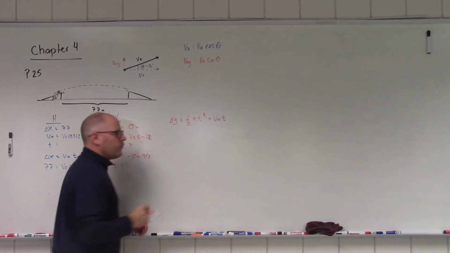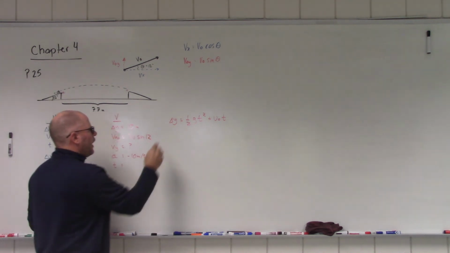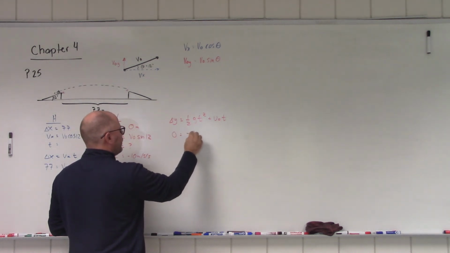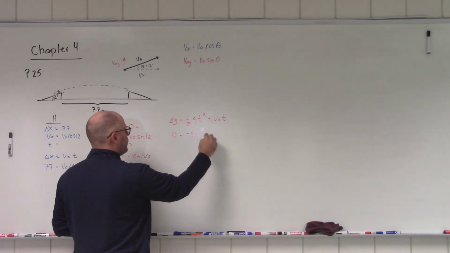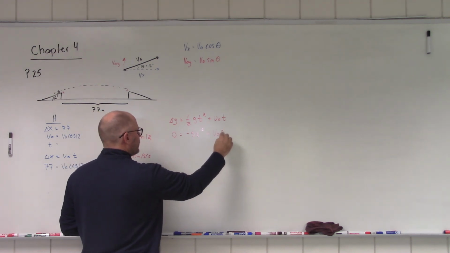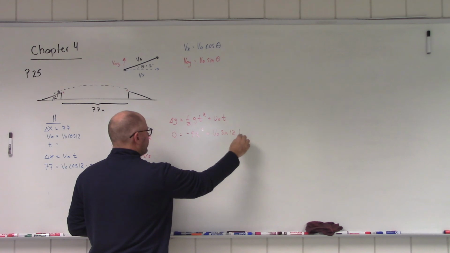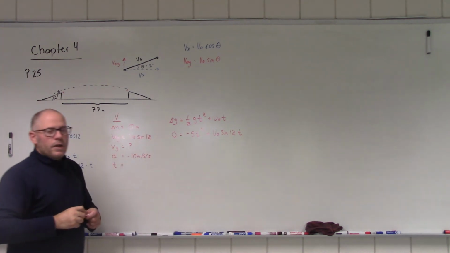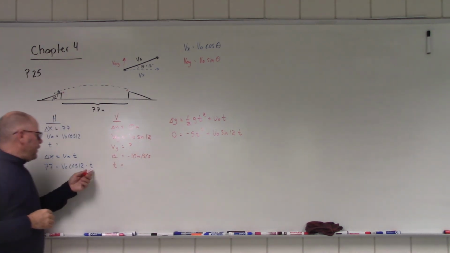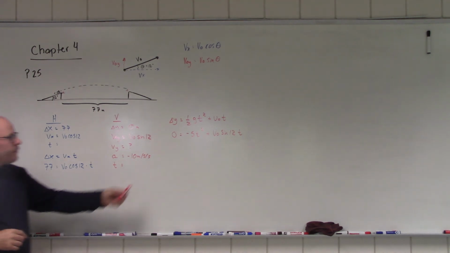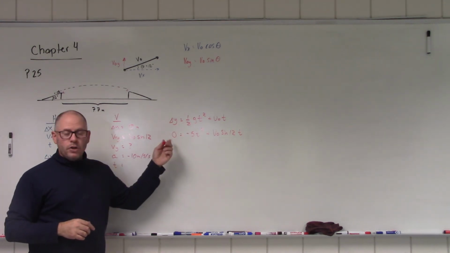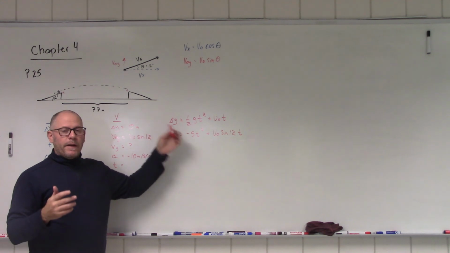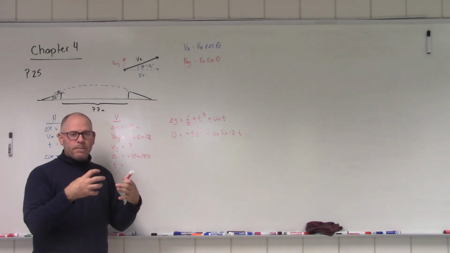There's our parent equation. I know this is 0. This is negative 5t squared plus v0 sine 12t. So I like where we're at right now because I have this equation with two variables and this equation with two variables. And if I have two equations and two variables, then I can put them together and solve.